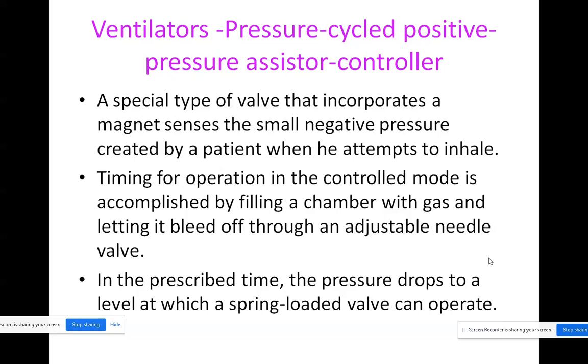Here we are going to use a special type of valve that incorporates a magnet and senses the small negative pressure created by a patient when he attempts to inhale. So this is a pressure controlled device. How much oxygen the patient is inhaling is sensed through the pressure developed at the airways or air path of the lungs.